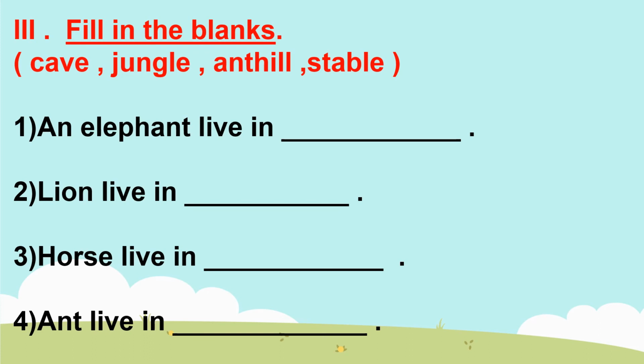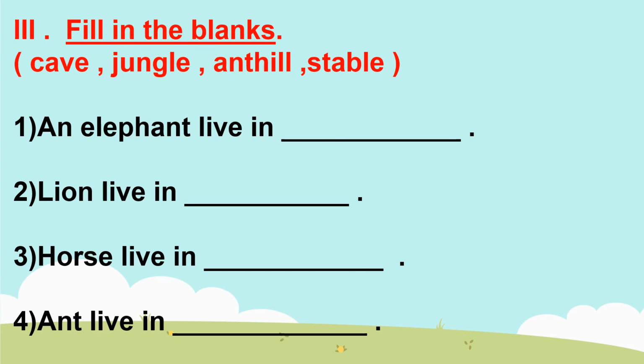Next, number 2, lion lives in dash. Options are cave, ant hill, stable. Which is the correct answer? Yes, cave. So your answer is lion lives in cave.